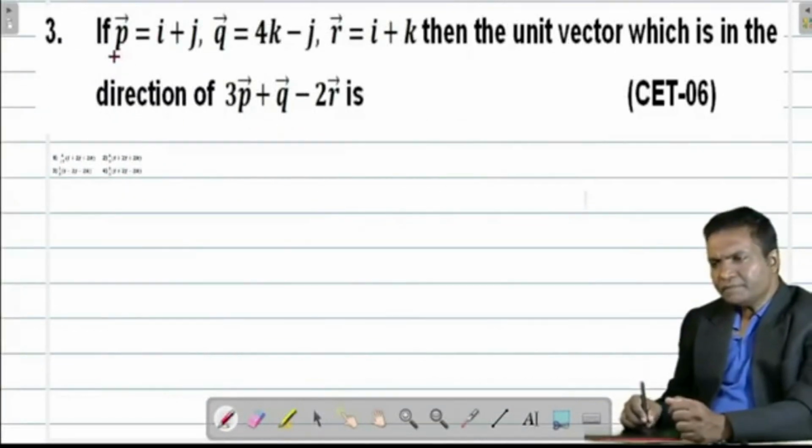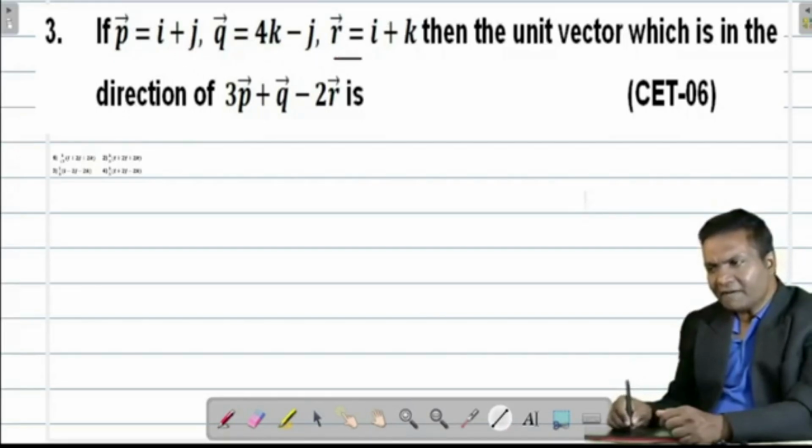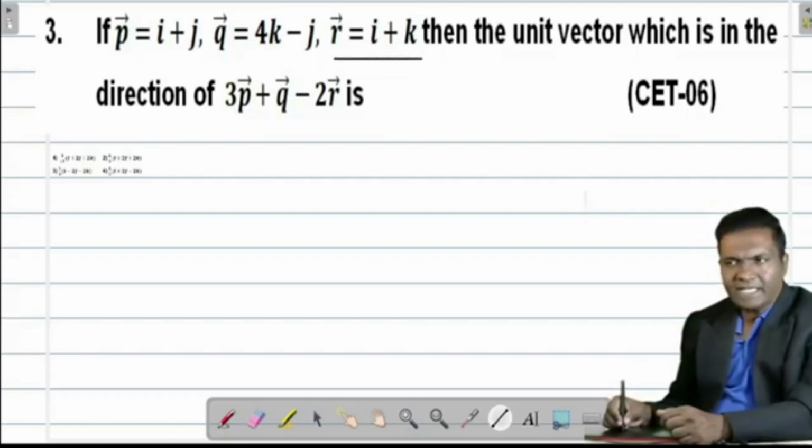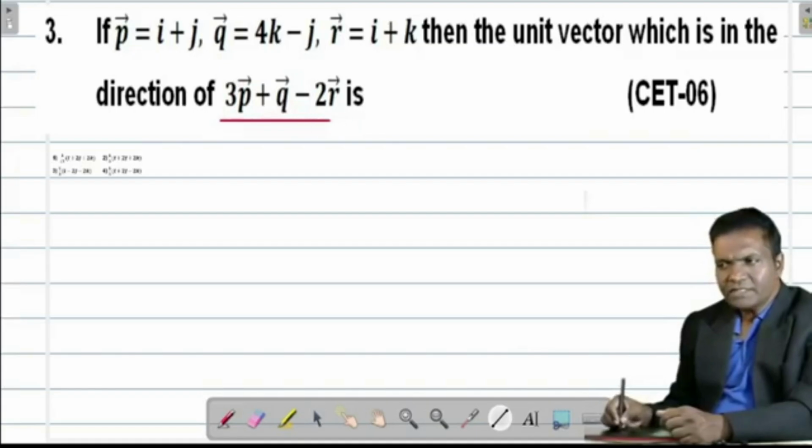Here is the question, CET 2006. If vector P is equal to i plus j and vector Q is equal to 4k minus j and vector R is equal to i plus k, then you are supposed to find the unit vector in the direction of the sum of these vectors.